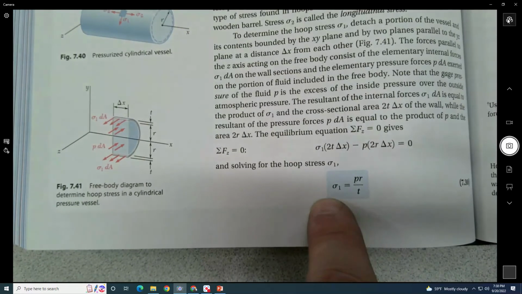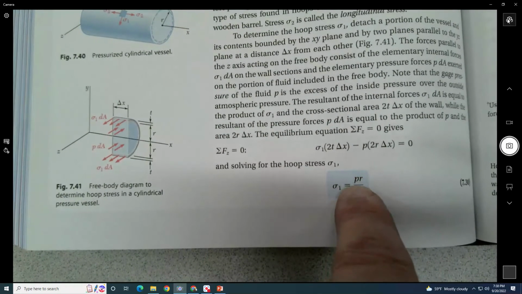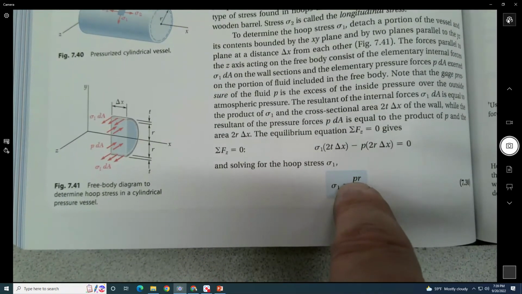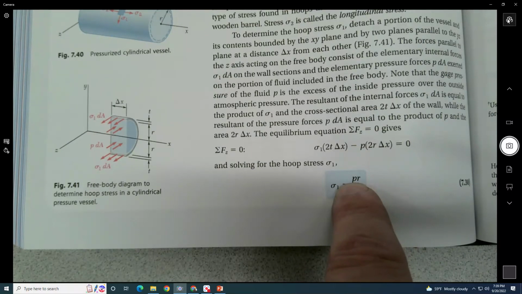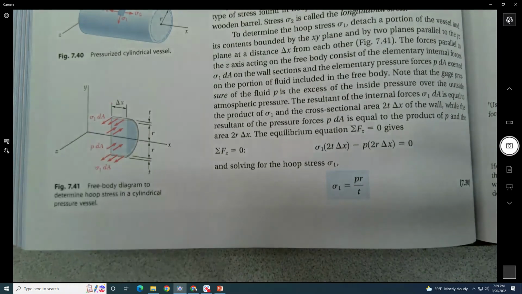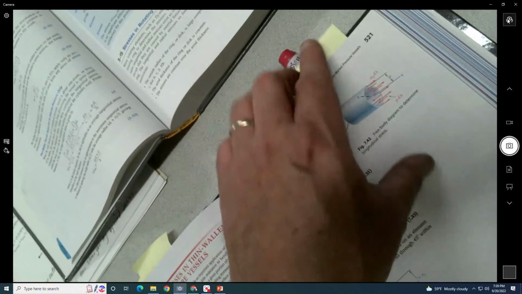If you were to go to this book right here, they don't even bother with making a distinction between the inside radius and the outside radius. They just say the radius, because it's thin. But I just try to be 100% correct, and teach you what the right thing is.